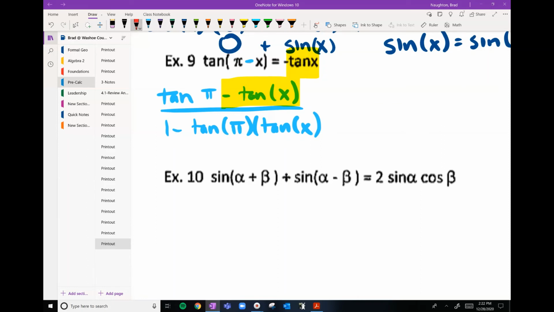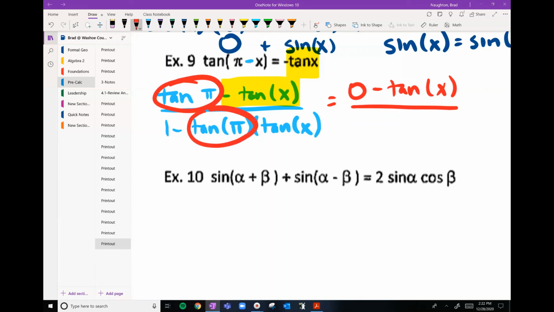So let's go ahead and use our unit circle to remember that tan of pi is 0. So 0 minus tan of x, off to a good start there, loving it. And then remember, that's a 0, so it's 1 minus 0 times tangent of x.